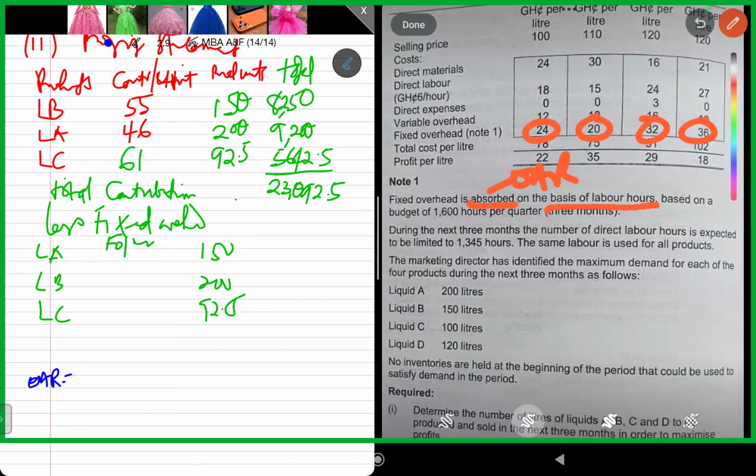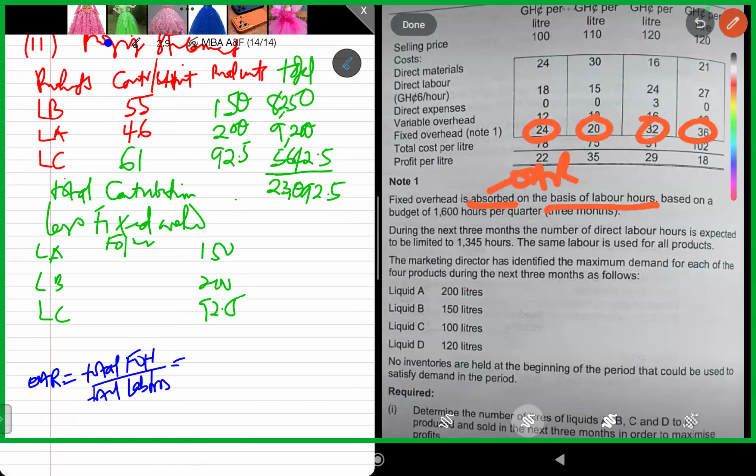So the formula for the OAR is total fixed overheads (OH for overheads) over total labor hours.